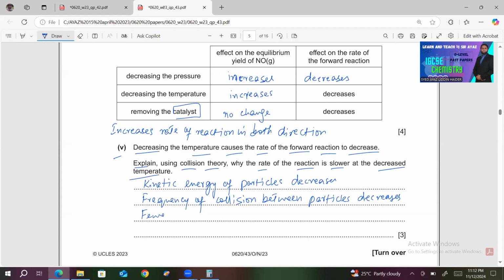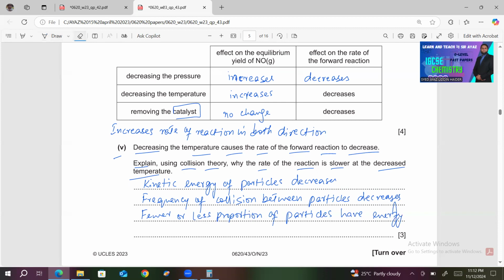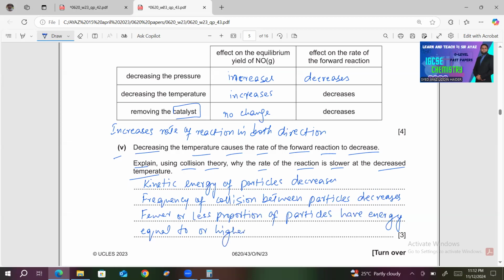So fewer, or a lesser proportion of, particles have energy equal to or higher than the activation energy.